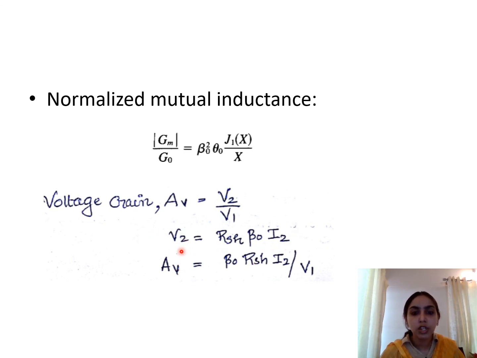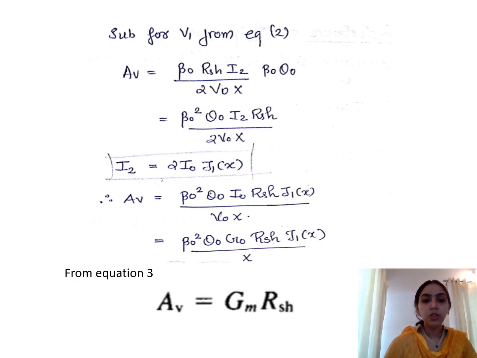Substituting for V2 in the voltage gain equation, AV turns out to be beta naught RSH I2 divided by V1. We have written the expression for voltage V1 in terms of the bunching parameter, that is our equation 2. When I substitute for voltage V1 in terms of bunching parameter X, we get the expression for voltage gain AV as written here.